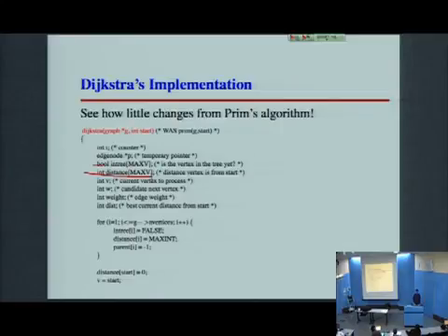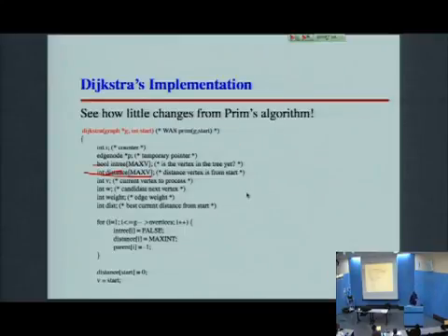Okay? In Prim's algorithm, that meant the shortest edge between a vertex in the tree to our vertex. Okay? Now distance is going to be really distance. It's going to be the distance from the root source vertex to one endpoint of that edge that's joining us, plus that edge.